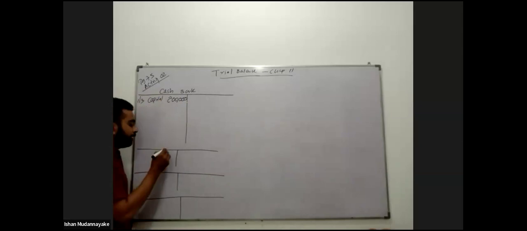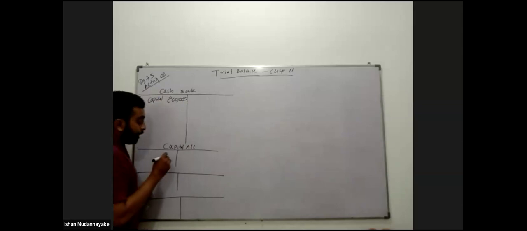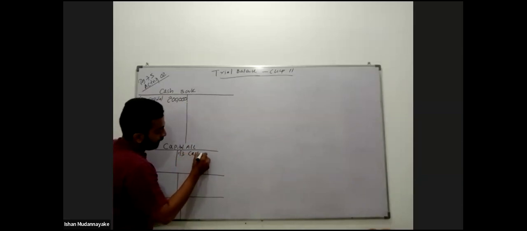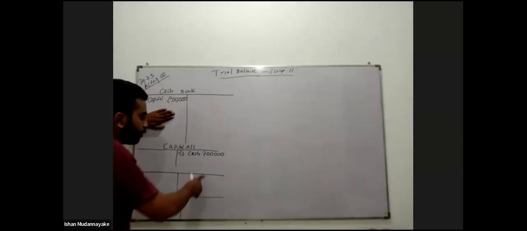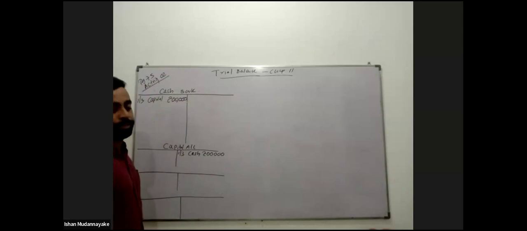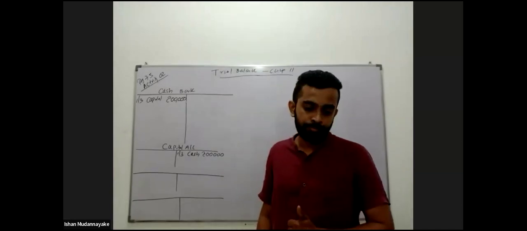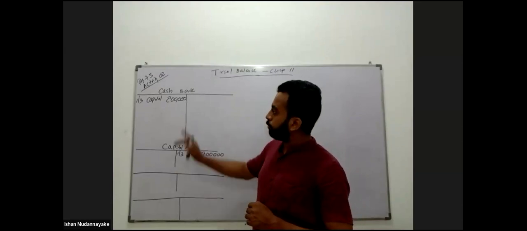Cash book debit, capital account credit 200,000. Try to get the idea through the cash book. Cash inflow debit, cash outflow credit. If cash book debit, to the opposite account you need to credit. If cash book credit, to the opposite account you need to debit. Don't cram any double entry in the book. Try to get the idea through the cash book.